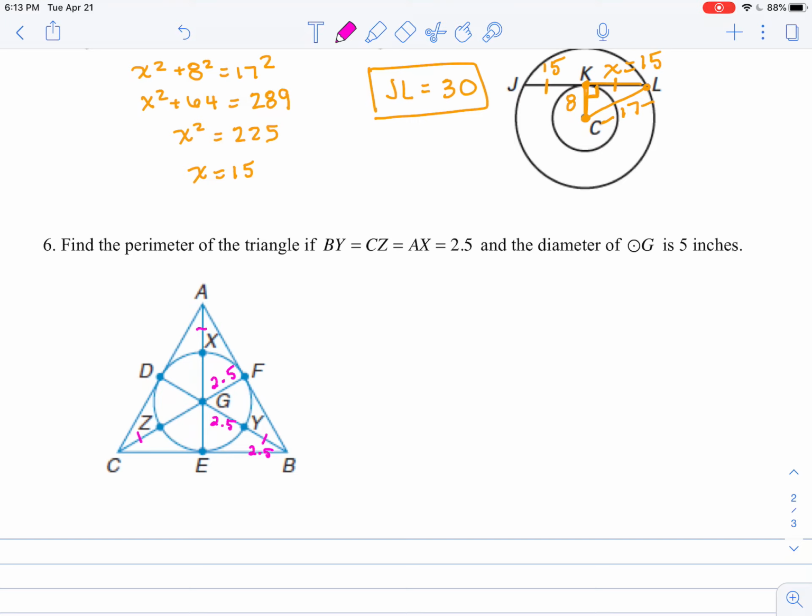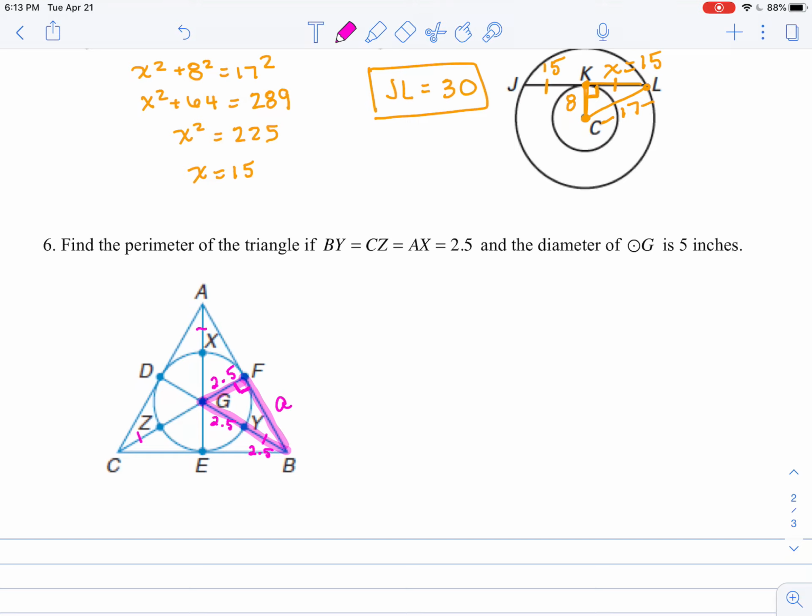Because they asked for the perimeter of the big triangle, triangle ABC, I'm going to focus in on this little triangle here, although you can pick any of the triangles of this size. The reason I'm choosing that triangle is because we can see that AB is tangent to the circle. So where it hits any of the radii, it becomes perpendicular to that radius. And now I have a right triangle where I'm missing one of the sides.